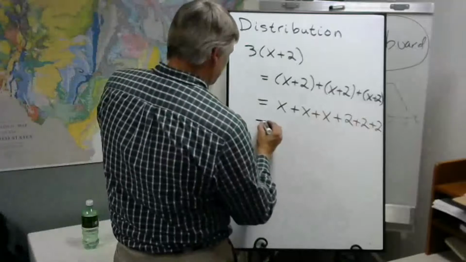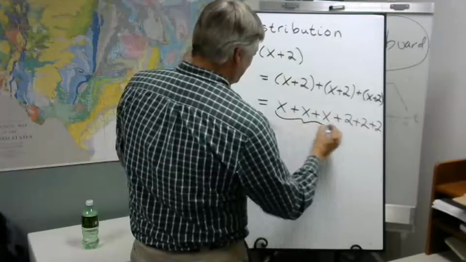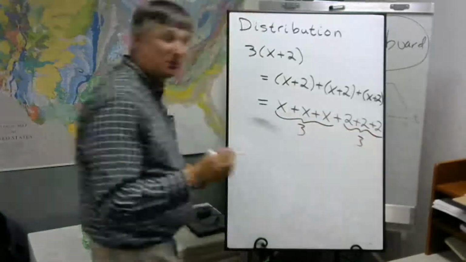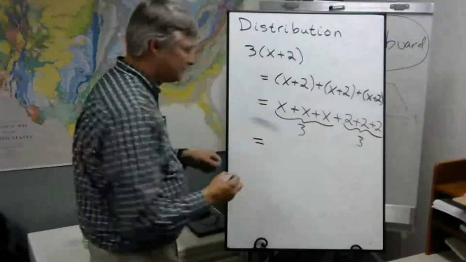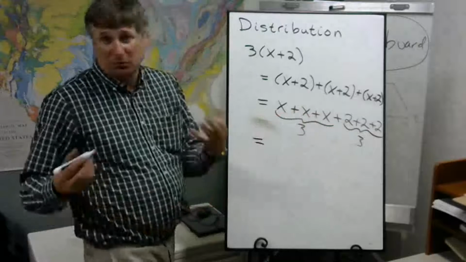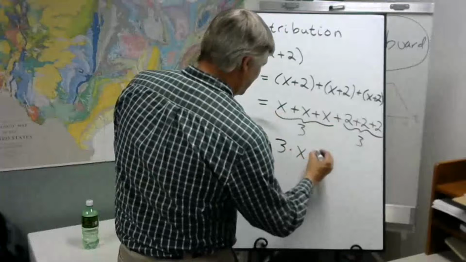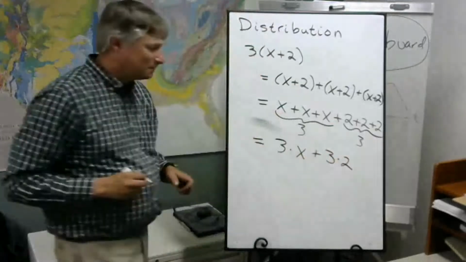And then we take a look. There's 3 of these, and there's 3 of those. So we could rewrite this. Again, repeated addition is multiplication: 3 times x plus 3 times 2.